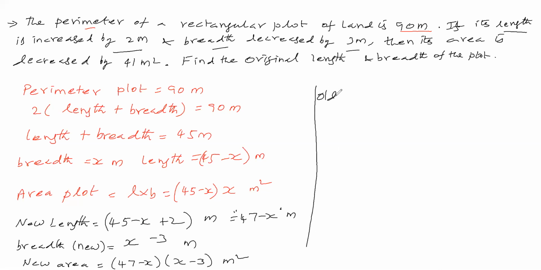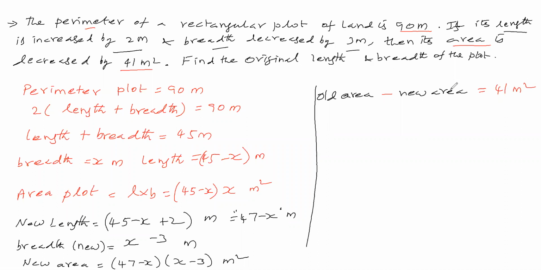Now old area and new area. It is said that area is decreased by 41 meter square. So old area minus new area is equal to 41 meter square.